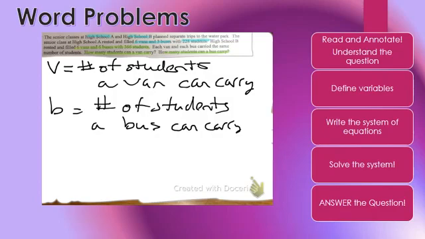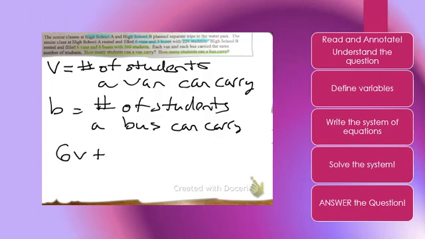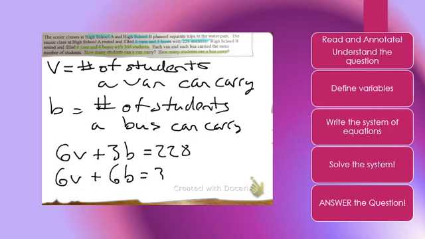The first equation will be in regards to high school A. We know they filled 6 vans and 3 buses, so we're going to go 6V plus 3B equals 228. Our second equation will be for high school B, and that filled 6 vans and 6 buses for 366 students. That is your system of equations.